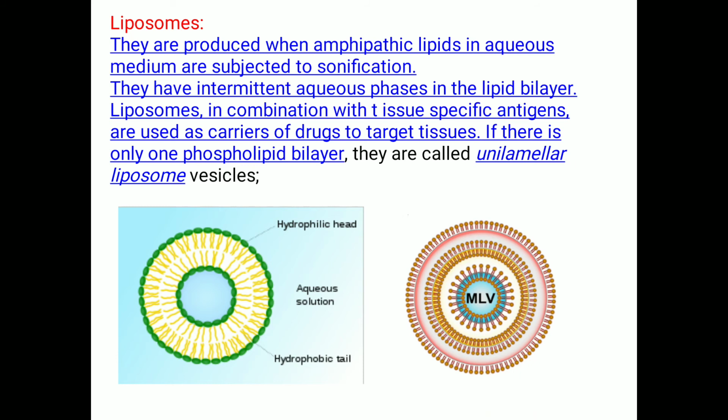That liposome containing the drug is introduced into the model organism or animal, and the drug will get delivered. So liposomes act as carriers of drugs to target tissues, and they could be unilamellar as seen in the left picture, or multilamellar as seen in the right picture.